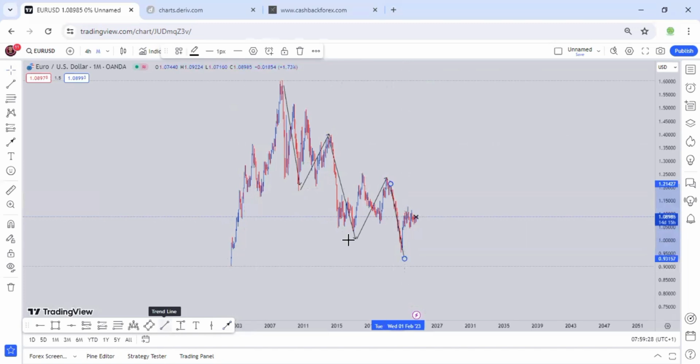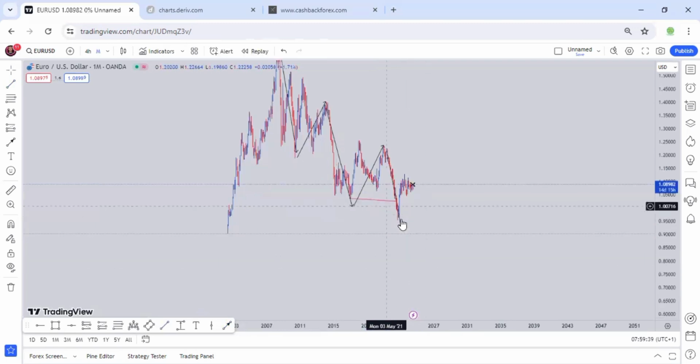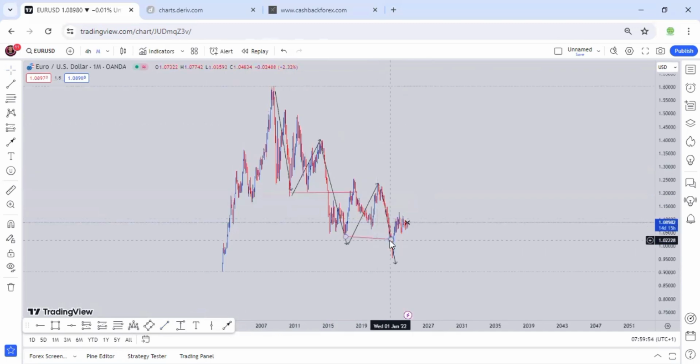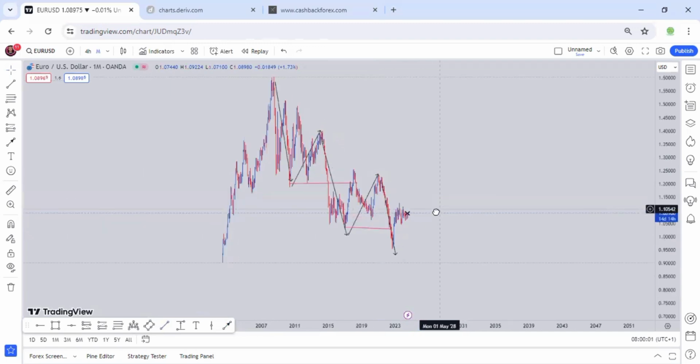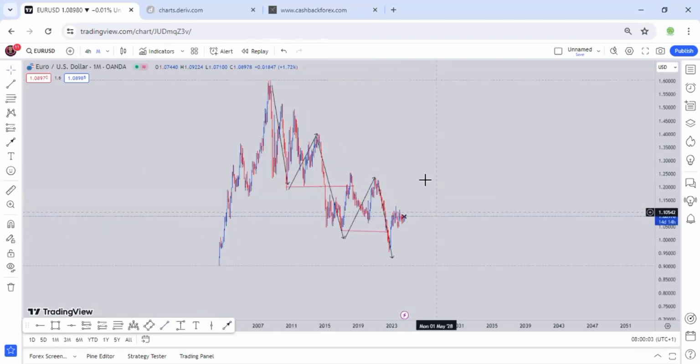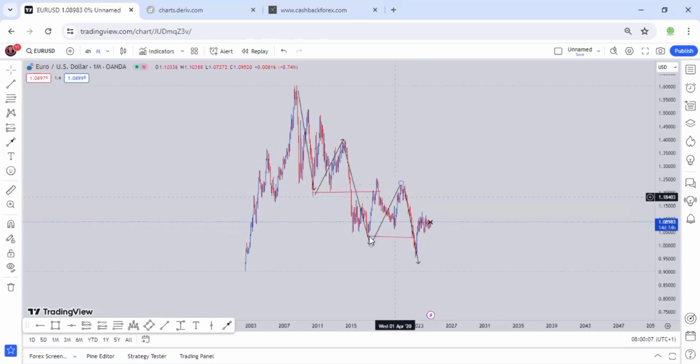This is just a shift because the impulsive move didn't go so far down. We broke this last support, which turns into resistance. We broke it, but then we traced back like a stop hunt or something. But regardless, this low is still lower than this low. So it's still confirming a downtrend for us.